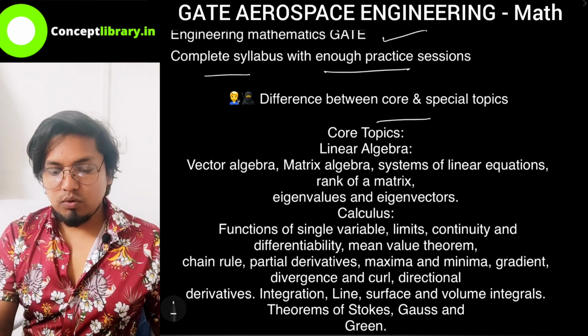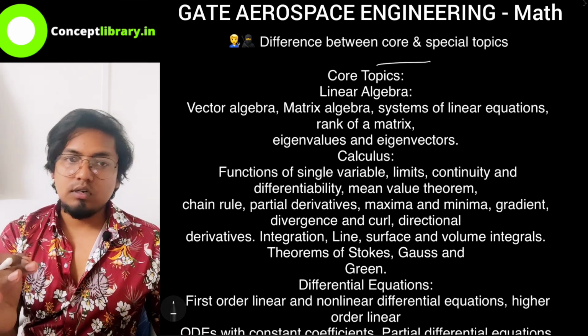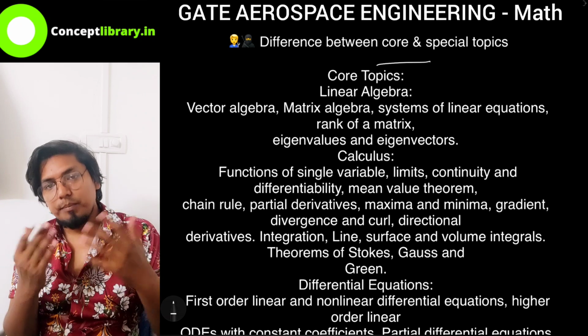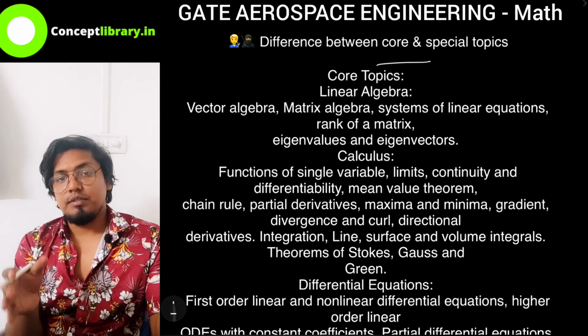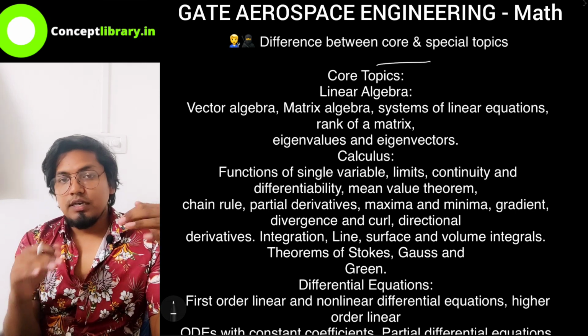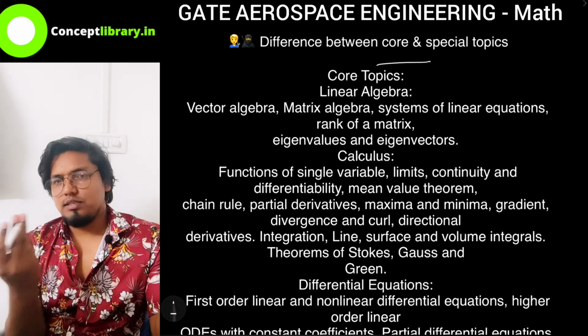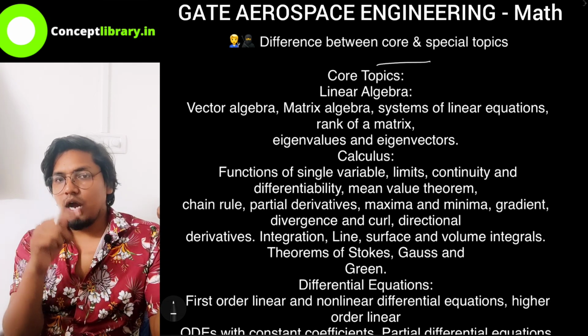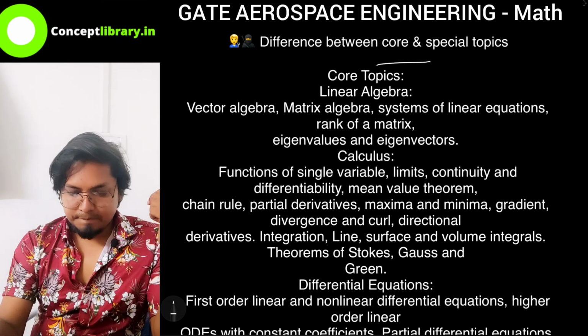the difference between core and special topics. In special topics, whatever topics are mentioned, if you check the marks, that is just 10%. It means if a question paper comes with 10 marks of engineering mathematics, then out of that, only 1 mark will come from the special topics.